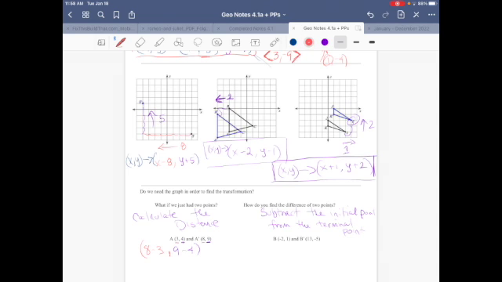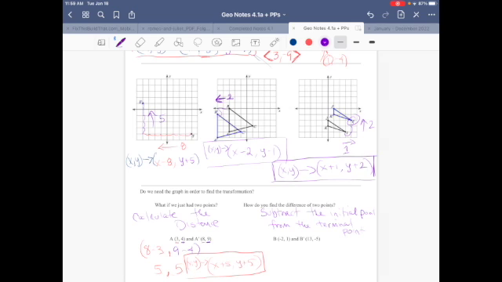So 8 minus 3 is 5, and then 9 minus 4 is 5. So both positive, so then we can say x plus 5, y plus 5. And that would be our direction.